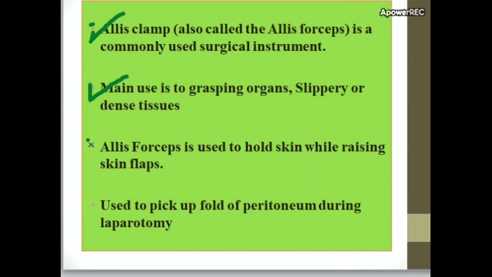Allis forceps is used to hold skin while raising skin flaps. It is also used to pick up a fold of peritoneum during laparotomy.